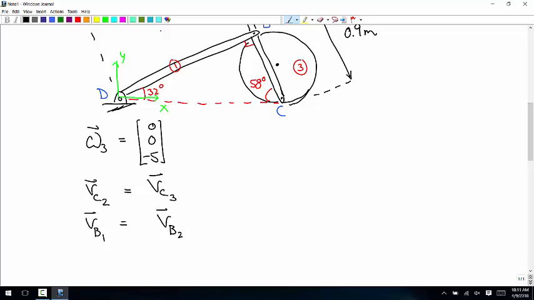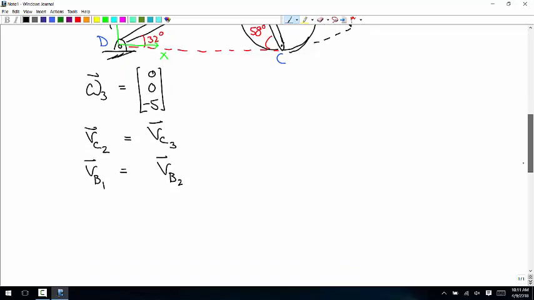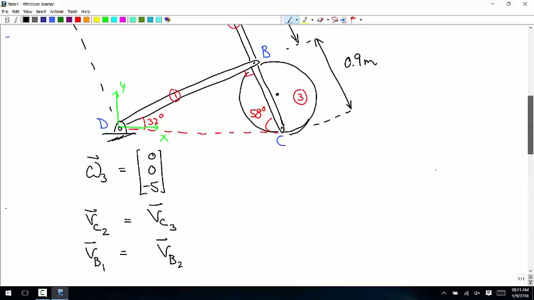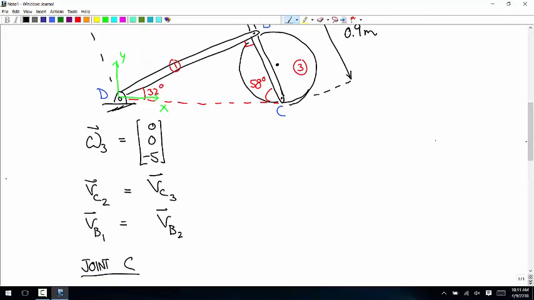Okay, so first, let's do the one at joint C. What's that going to say? The center of the disk, I'll call that E. That point E there is fixed, right?